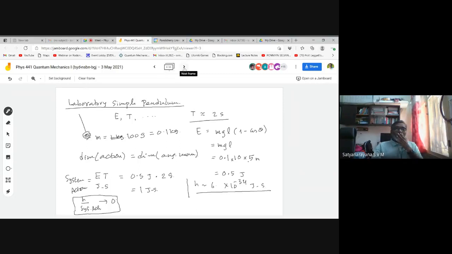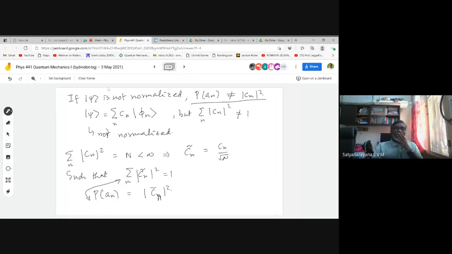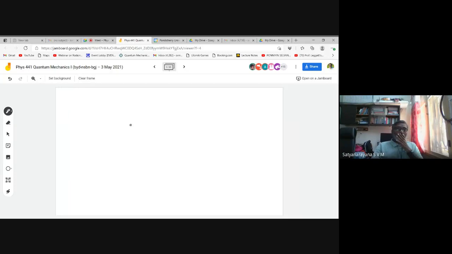Okay. Now let's look at black body radiation. In black body radiation, we had something like lambda max into T is equal to a constant.